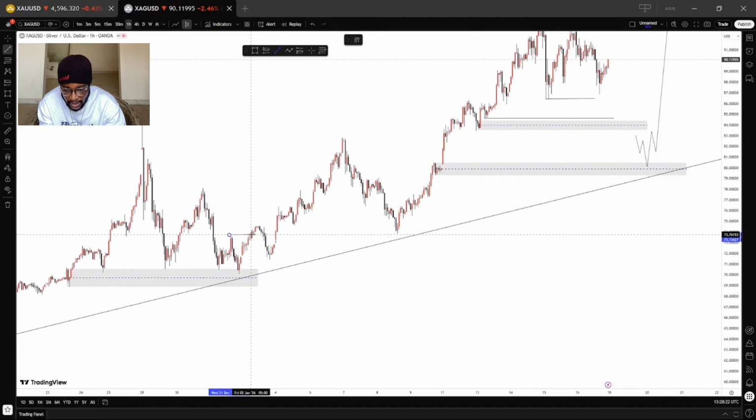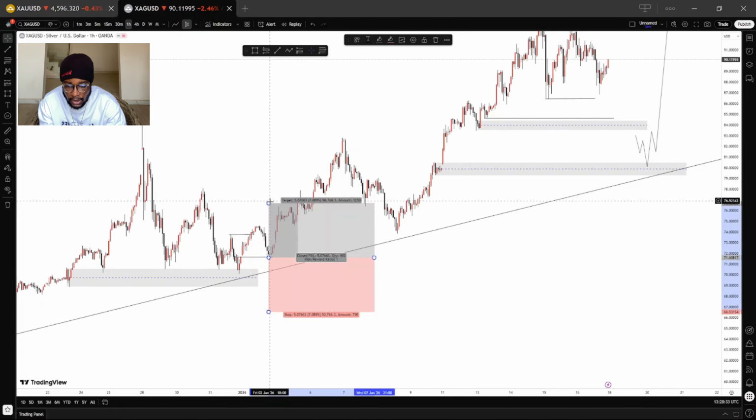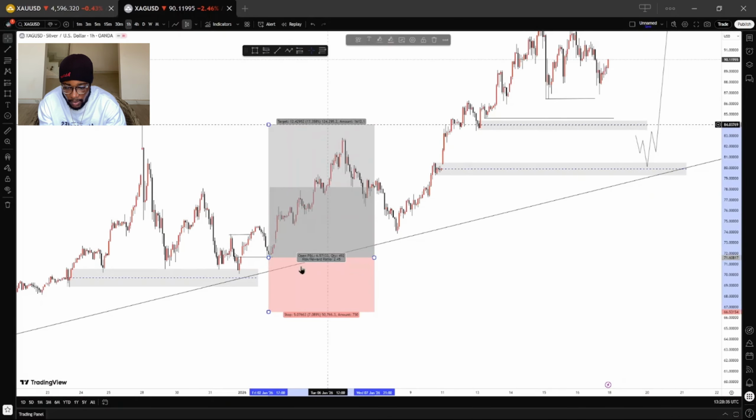It broke above the high. So I took the trade on the pullback, and I targeted the all-time high, because the draw on liquidity was so obvious. So this was what I took on silver.